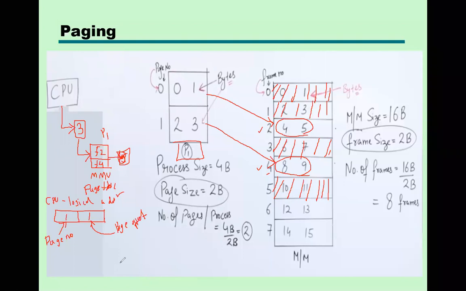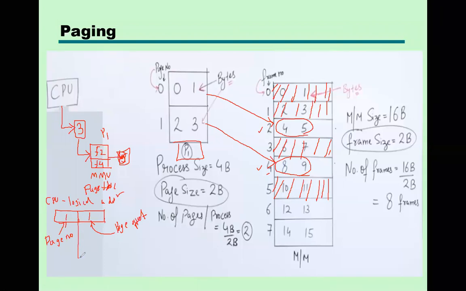Here 1 bit is for the page number and another bit is for the page offset. Page offset means the size of a page. So 0 means this and 1 means this. Right? In this way it is mapping.